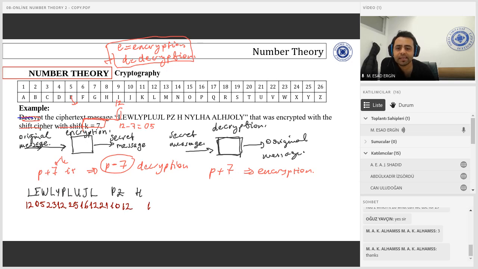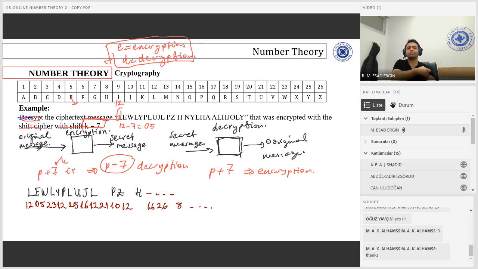Equals 16, and Z equals 26, and H equals 8. So you can do the rest of them, which is very easy. I do not want to lose so much time here.